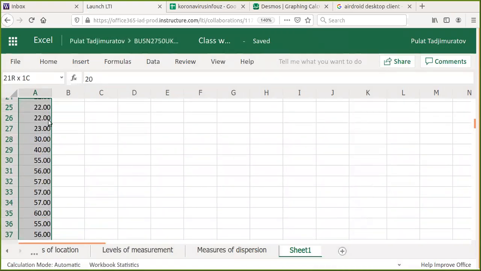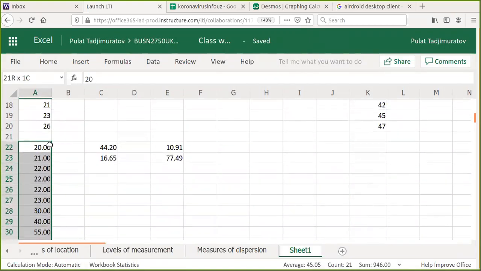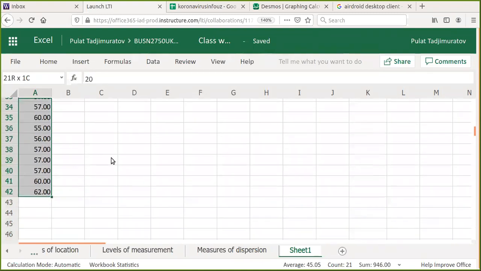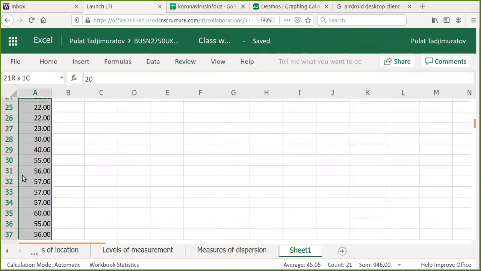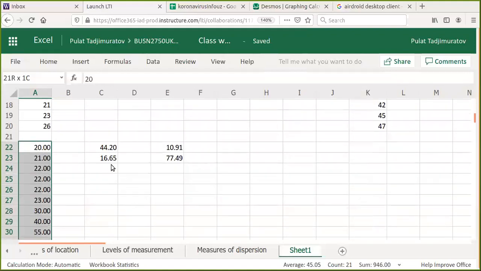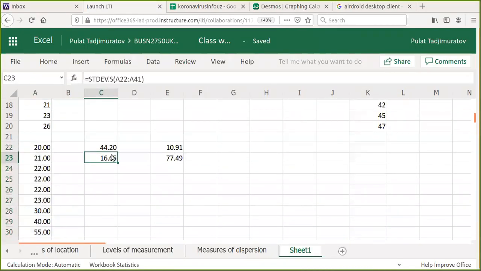You can see that most of our numbers are either to the left, to the smaller side, or to the right, to a larger side. And there are very few numbers in between, 30 and 40. Here are our boundaries. And again, all of our numbers are between them. Okay, 100%.